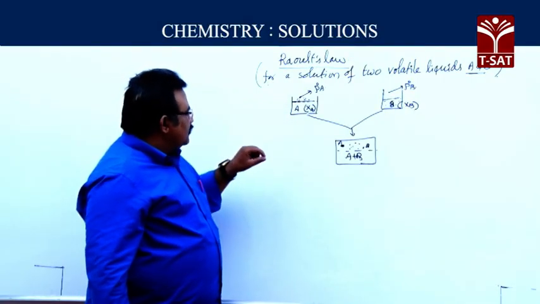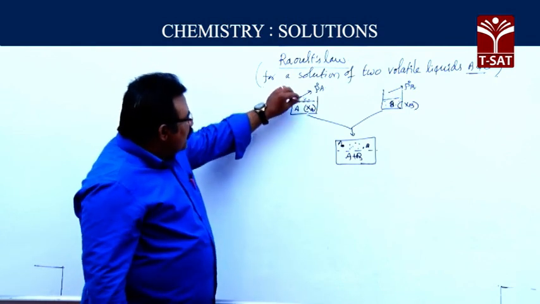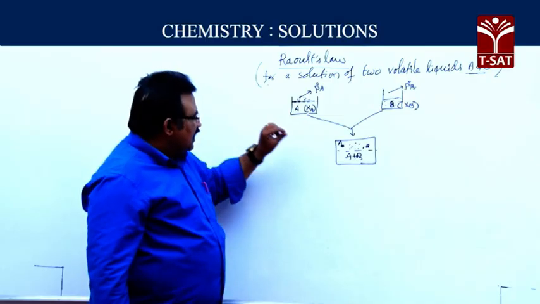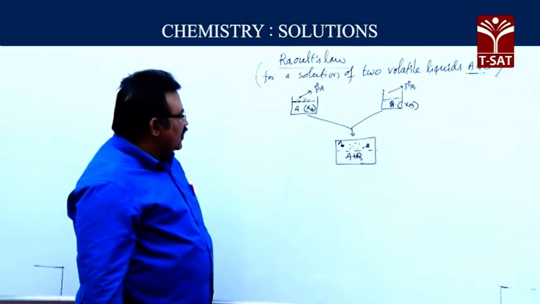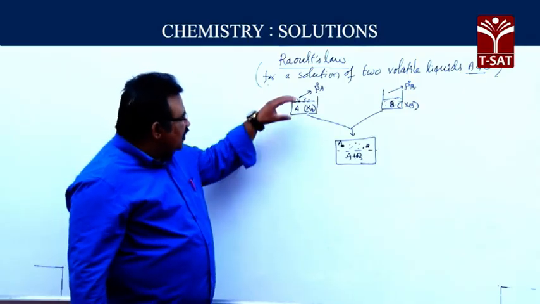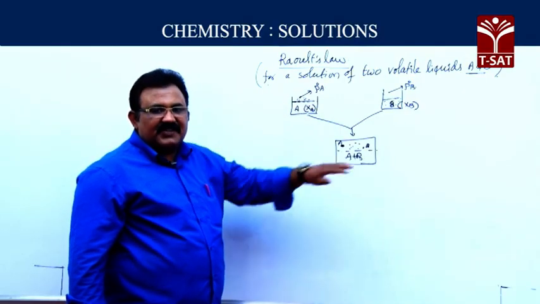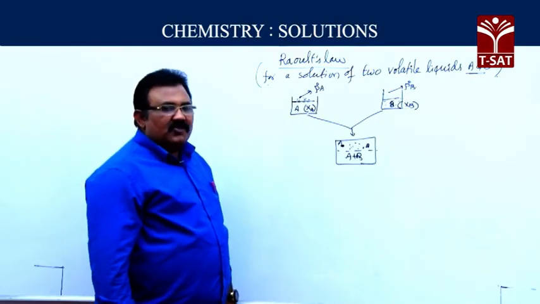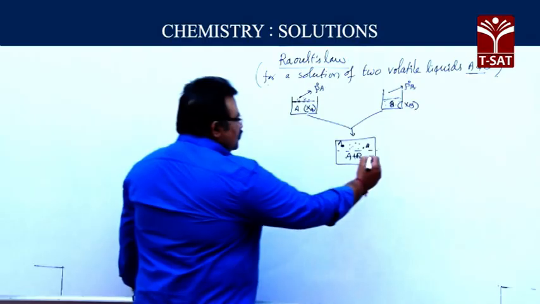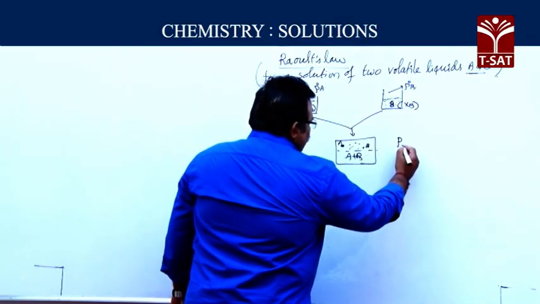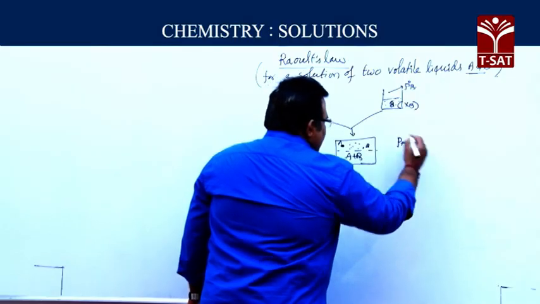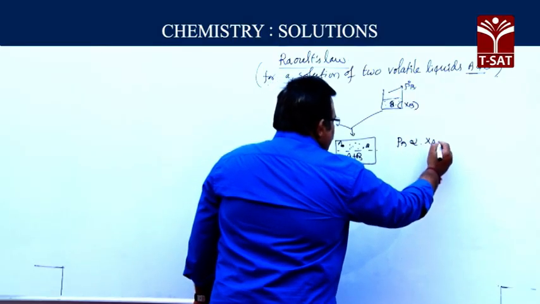According to Raoult's law, the vapor pressure of each component in a liquid mixture is directly proportional to its mole fraction. For instance, PA is directly proportional to XA.